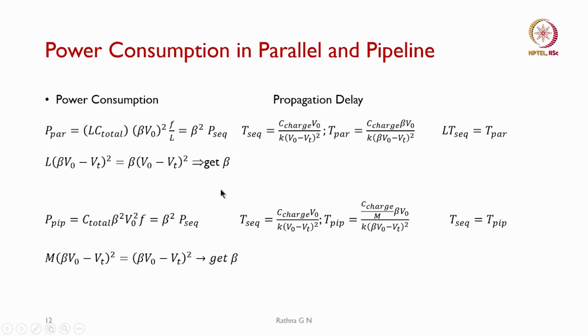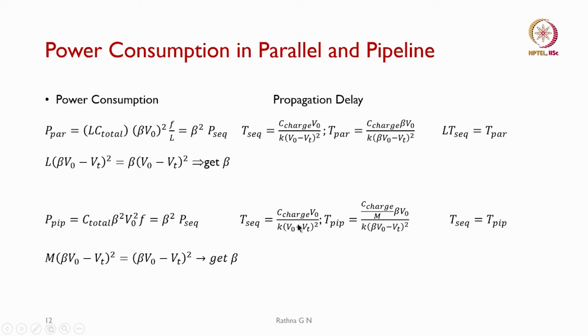Then we consider both parallel and pipeline, how we are going to consider the power consumption with respect to the propagation delay we calculated. So, we have T sequential equal to T parallel, and then based on our pipeline, T sequential is equal to T pipeline.